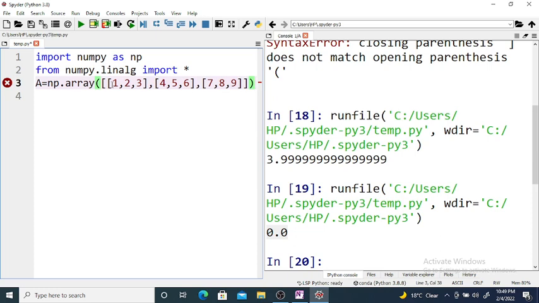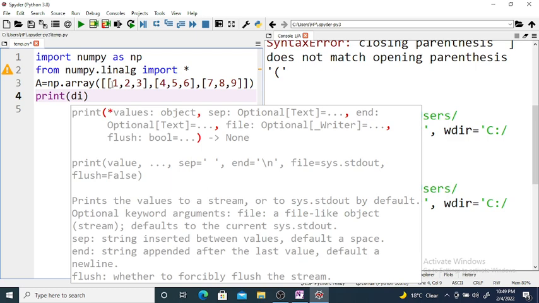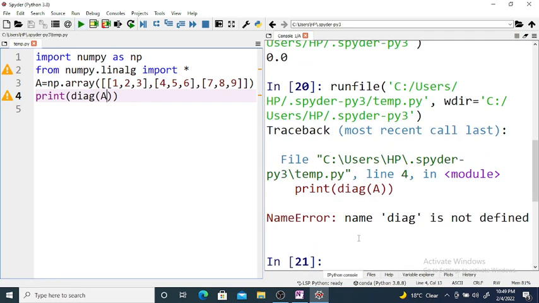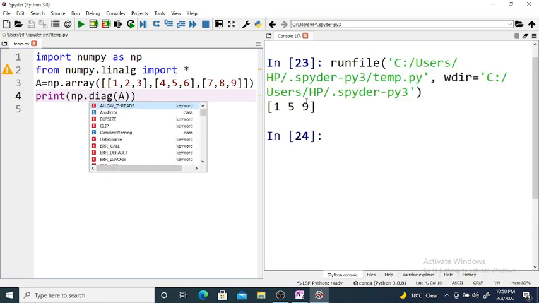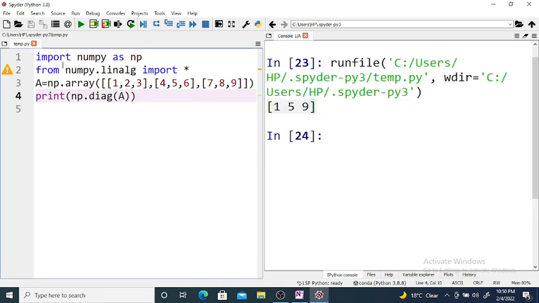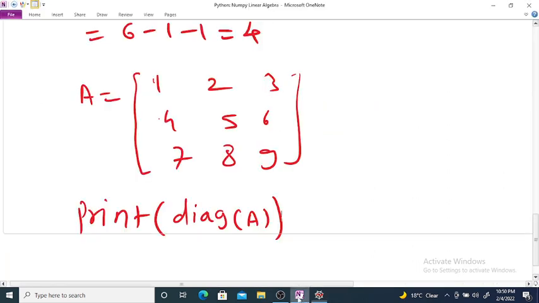And if we write print diag of A, diag alone has no meaning. Sorry, just write np.diag, and you will get the diagonal elements of this matrix A. The diagonal entries are 1, then 5 and 9. So you will get the diagonal entries by using np.diagonal of A.